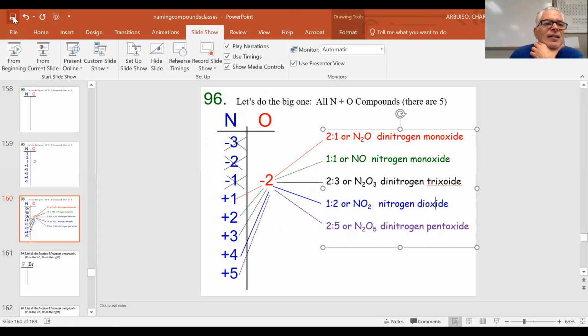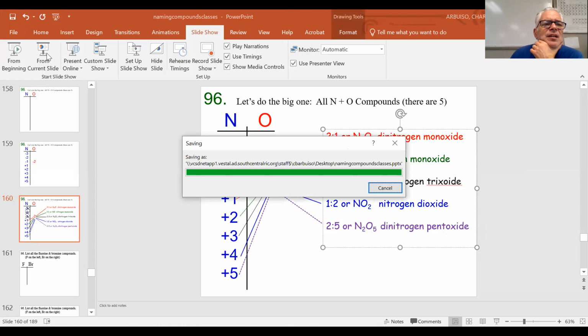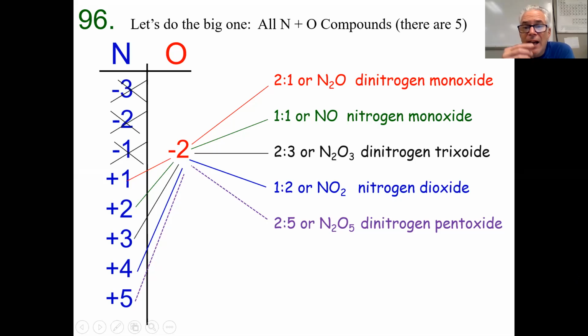Who's in charge of this? Bring me the man in charge. Somebody's got to pay for this. Oh, it's still working on saving. This is a giant slideshow here. Boo-boo. So 1-to-2, nitrogen dioxide. And then the final one, 2-to-5, would be N2O5, dinitrogen pentoxide.